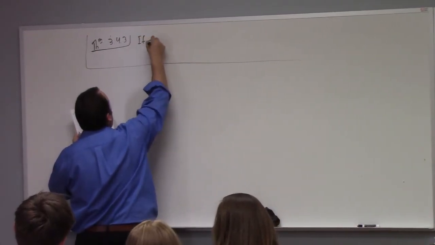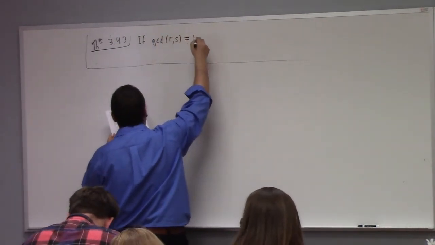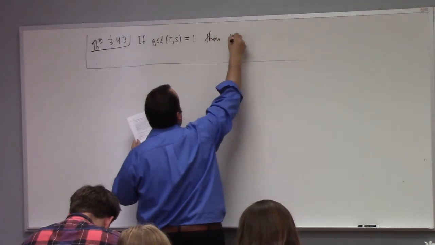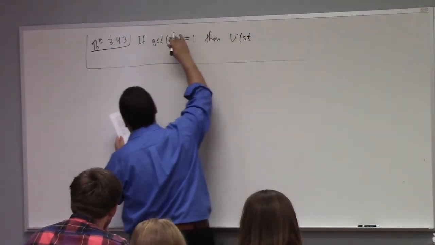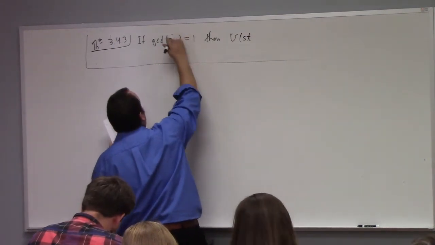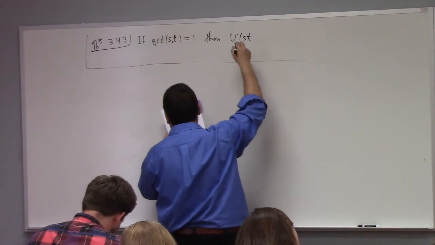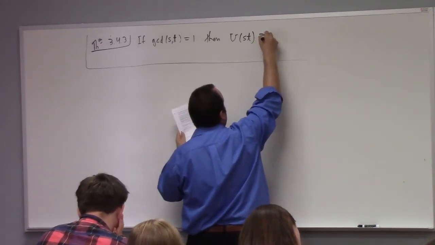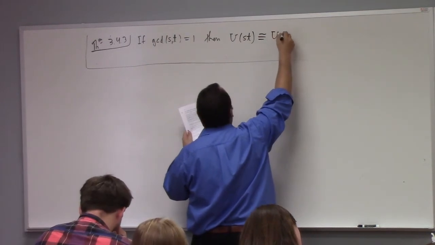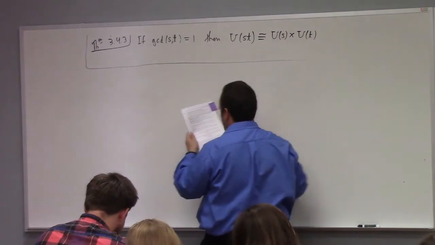If the greatest common divisor of, let's say, R and S is 1, then the group of units, oh, I meant S and T. I'm sorry, I can't read my own writing. S and T. Then the group of units U(ST) is isomorphic to U_S cross U_T. There we go.